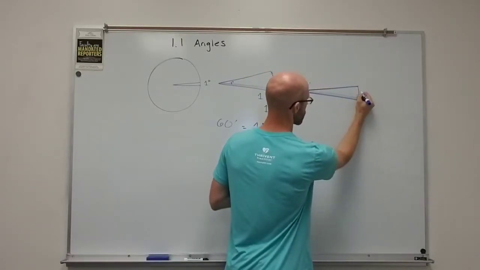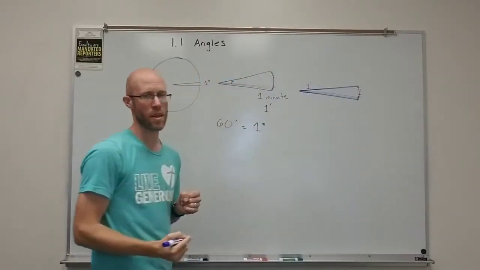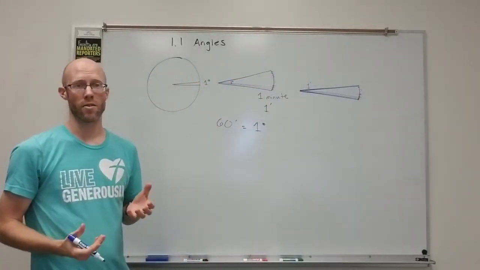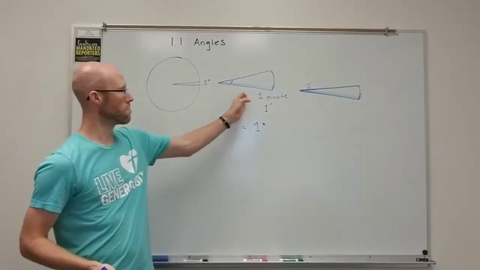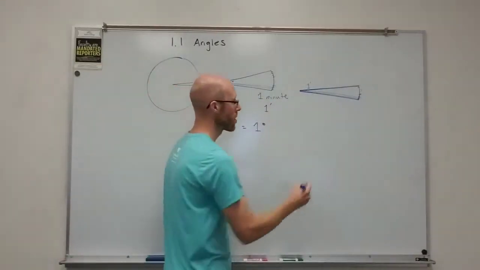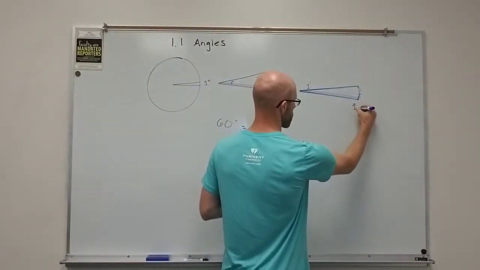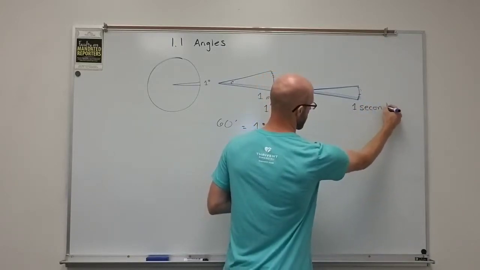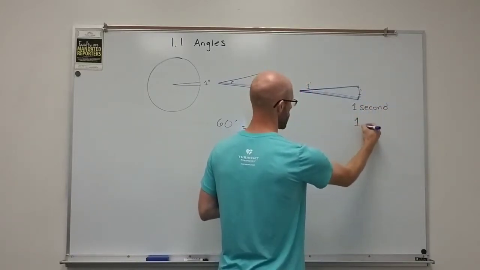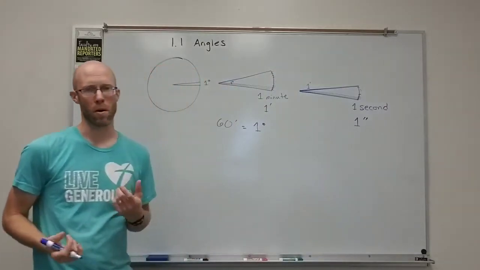Each of those, 60 of them again, we call seconds. So degrees, minutes, and then finally seconds. Each of those would be 1 second, and in shorthand, we use 2 apostrophes.